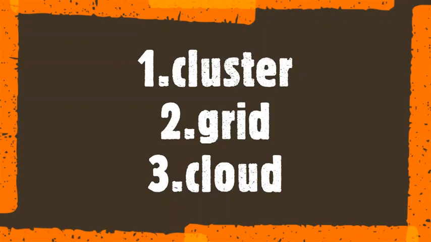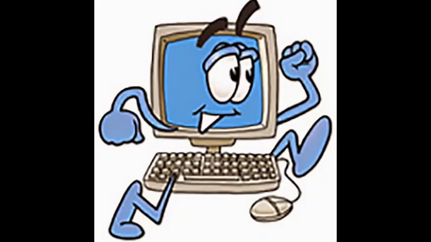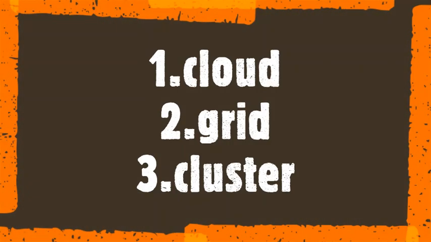In cluster computing, all your devices need to have the same hardware to get connected and make a cluster, whereas in cloud and grid, there is no such condition. And finally, if processing power is your first priority, then your first option should be cloud, then grid, and then cluster computing. Because the computers in grid and cluster can be connected to a certain limit only.